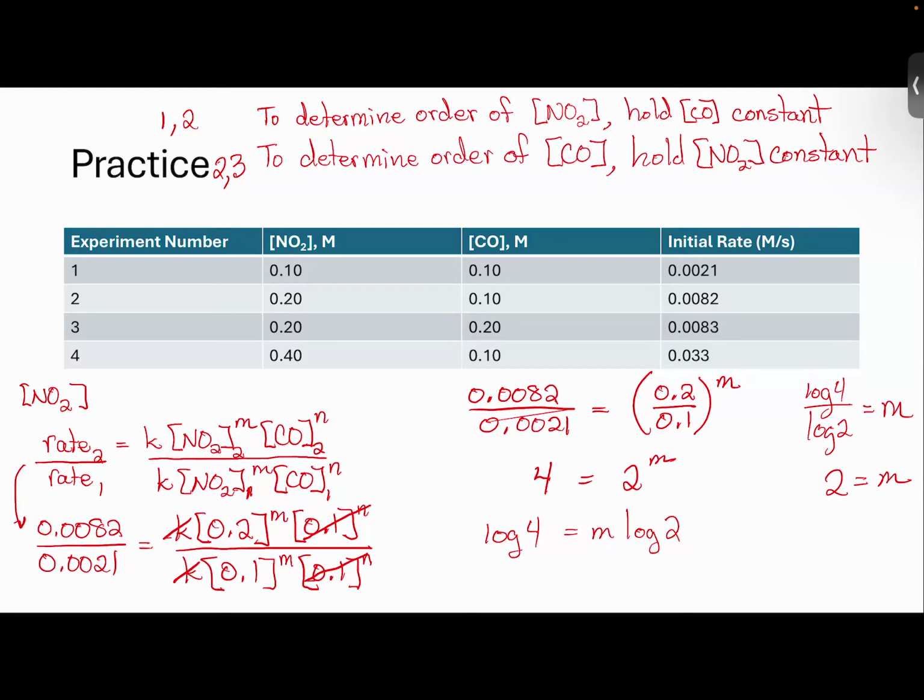I wrote out everything just so that I could illustrate that we held the carbon monoxide concentration constant for a reason, so that these two would cancel out, the K would cancel, and that would allow us to easily determine the order of the nitrogen dioxide. Take a moment and figure out the order of carbon monoxide.